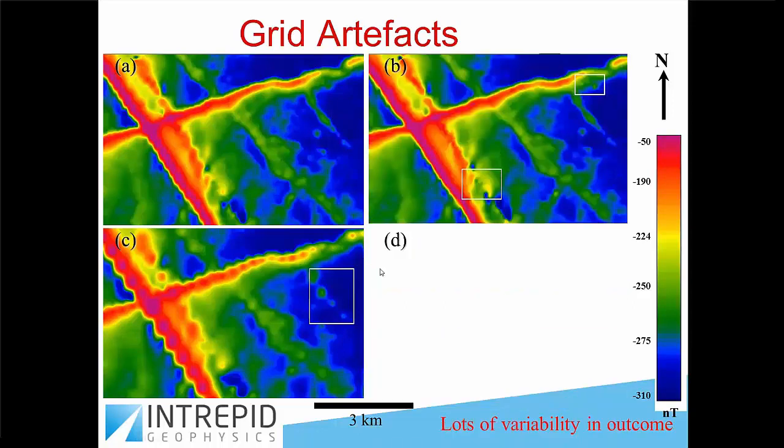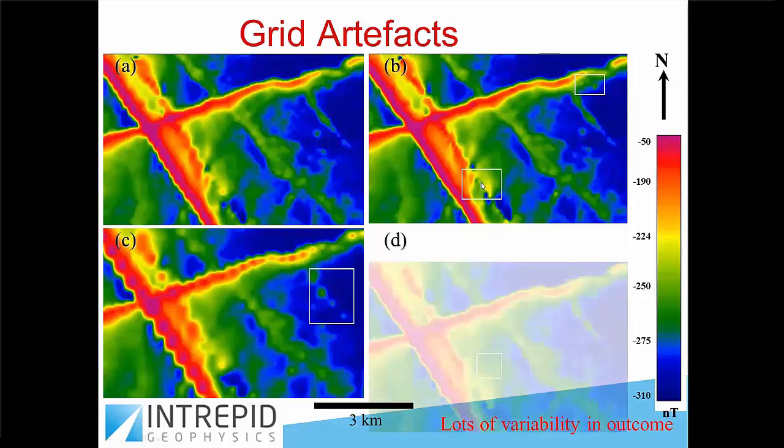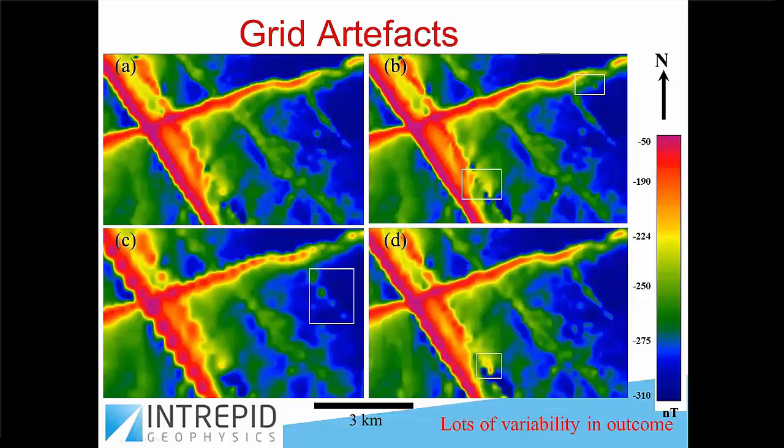Another one there on the B, you could see arguably a small artifact, some sort of distortion of the shape, and in the D another representation entirely of the field. So for the very same input data you get lots of variability in outcome, and I would hazard a guess, if you're going to use just any gridding algorithm you happen to put your hands on, you would be subject to the same artifacts, and therefore could be badly misled in interpreting that data based on the grid.